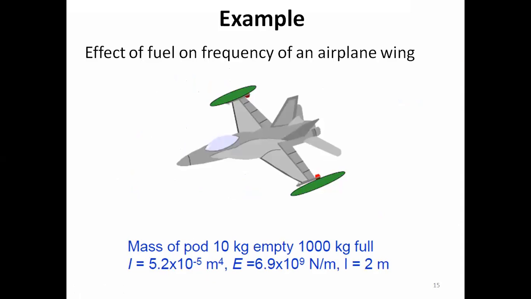So using the modeling, next we would be in a position to solve a very interesting example. The statement is the effect of fuel on the frequency of an airplane wing. Let's say we have a fighter aircraft, and we want to find out the natural frequency of the wing of the fighter aircraft.